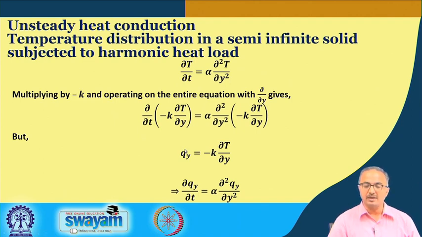Now, what we do is put this in terms of the k, because the boundary condition is given in terms of the heat flux, and heat flux we are representing in terms of the k. So, we put it in terms of the k. Now, if we do this in terms of the k, we get this particular equation.